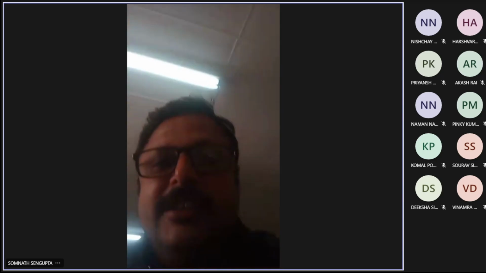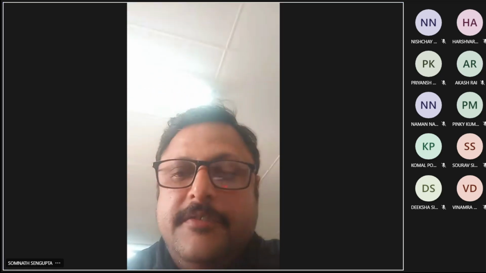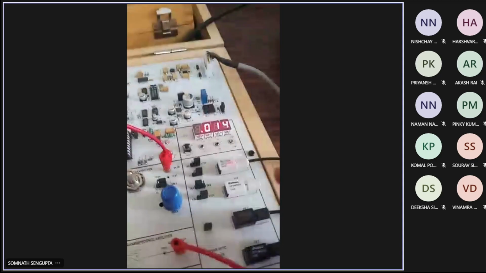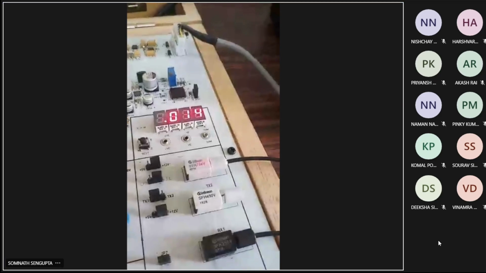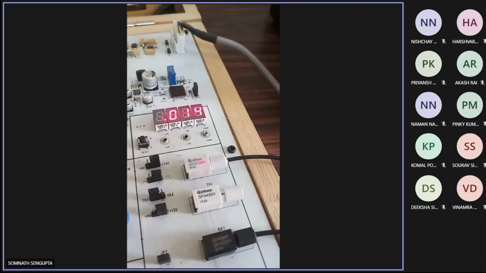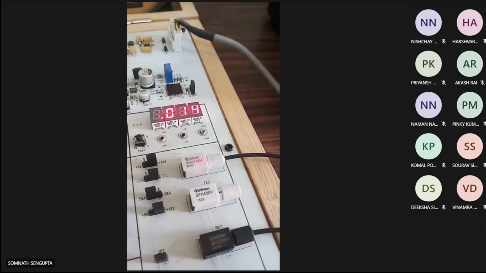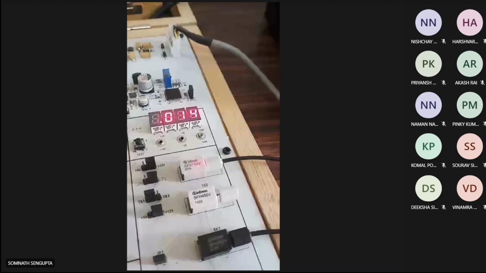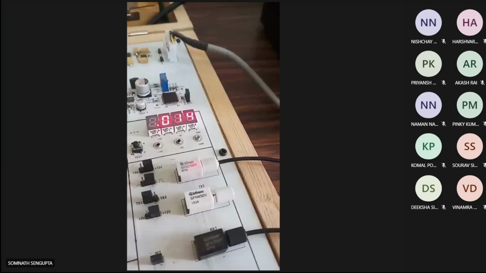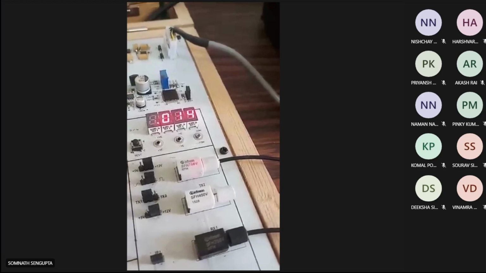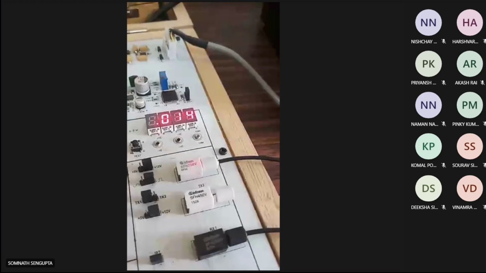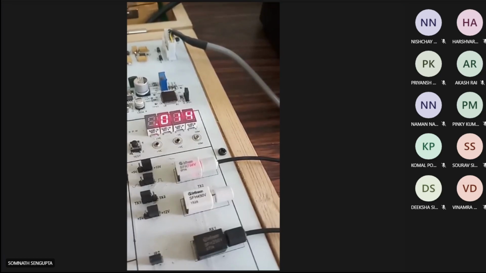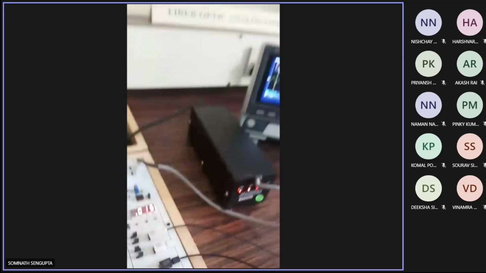Okay. You see in this kit, this is the kit where the light source is. Let me, this will be full mode. We are also not able to see full mode. Okay.